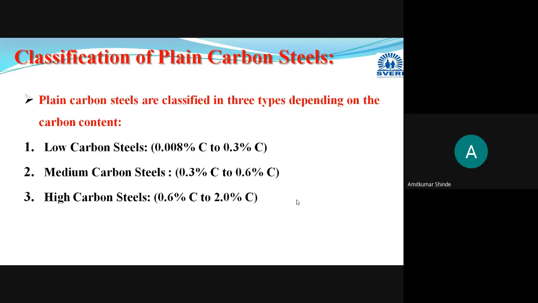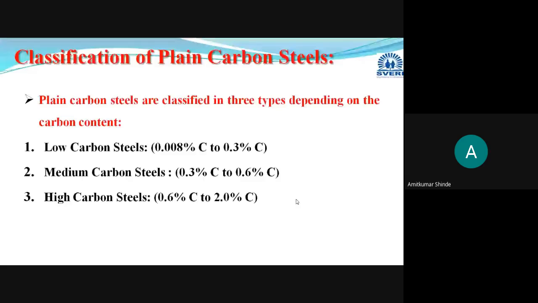What will increase as carbon percentage goes on increasing: their hardness, their strength, I can say their tensile strength, their wear resistance, their corrosion resistance, their abrasion resistance. These properties will improve as carbon percentage goes on increasing.